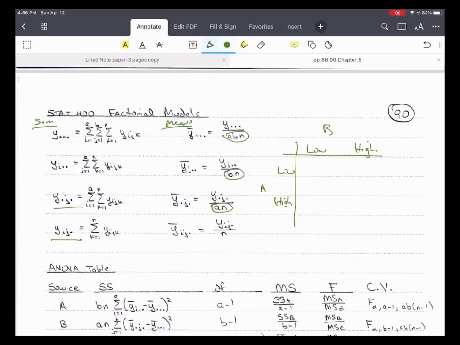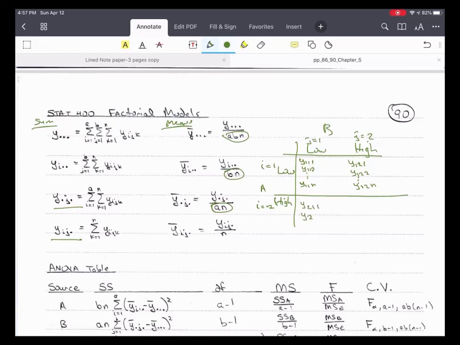And then this is i equals 1, this is i equals 2, this would be j equals 1, j equals 2, and then I'd have y111, y112 to y11n. And here I would have y121, y122 to y12n.